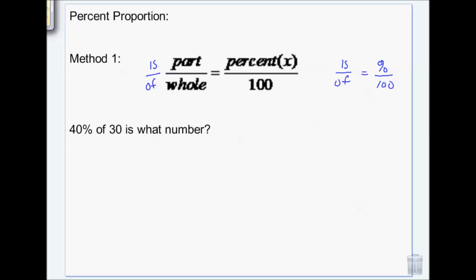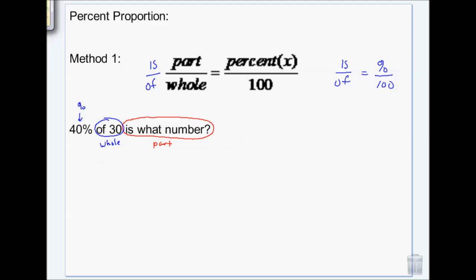The part is whatever number comes with the word is, and the whole is whatever number comes with the word of. And then obviously this is the percent.